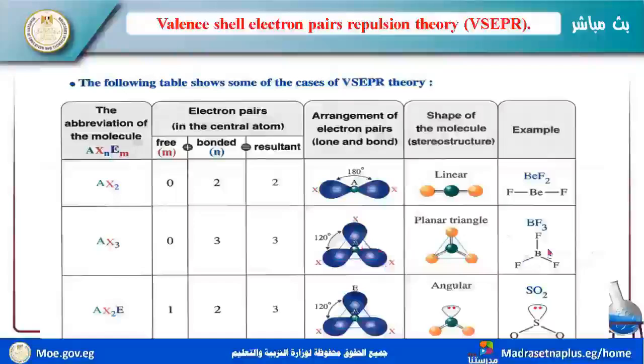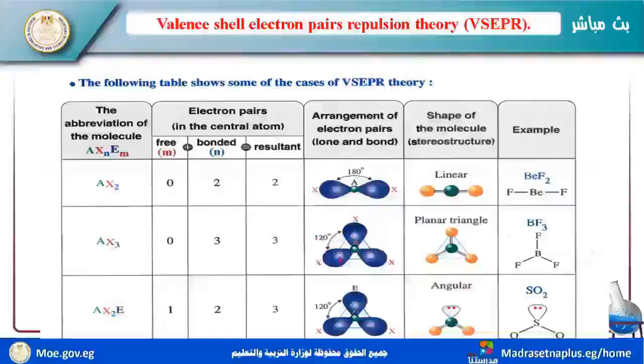If you write the electronic configuration of boron, 1s2, 2s2, 2p1, we have three electrons in the central atom according to the Lewis dot model. We find the number of lone pairs equals 0, bonded pairs equals 3, so the total equals 3, and the angle here is 120.